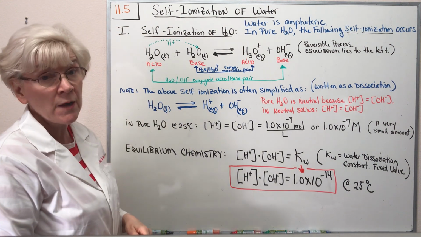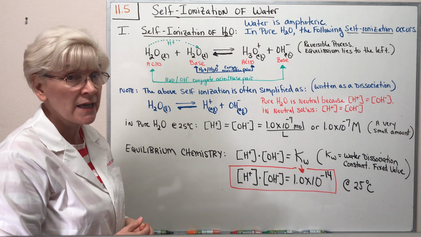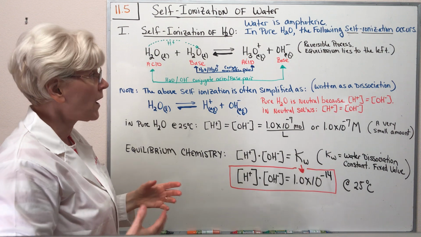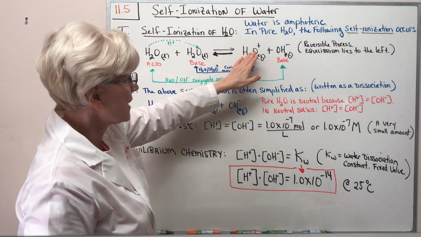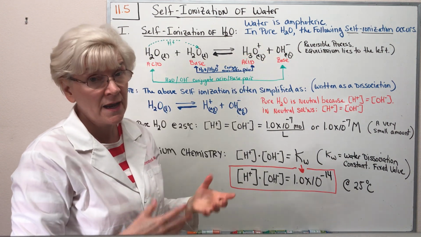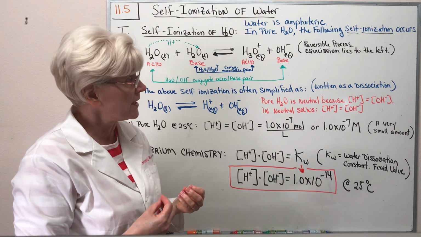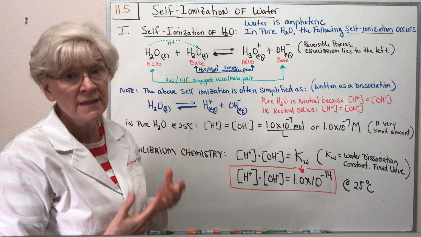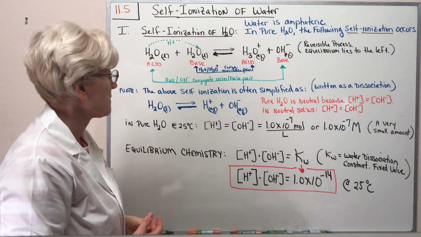Therefore, you'll remember that water is a non-electrolyte. It is not a conductor of electricity, pure water, because the amount of hydronium ion and hydroxide ion present at equilibrium is very, very small and not sufficient to conduct an electric current.